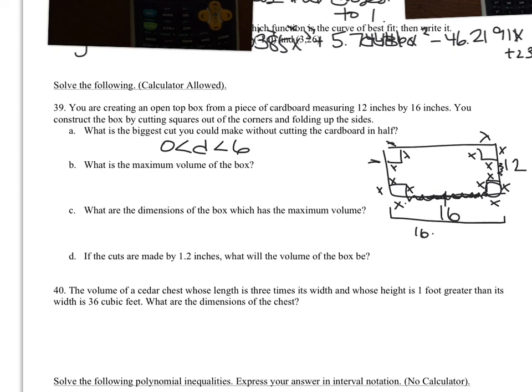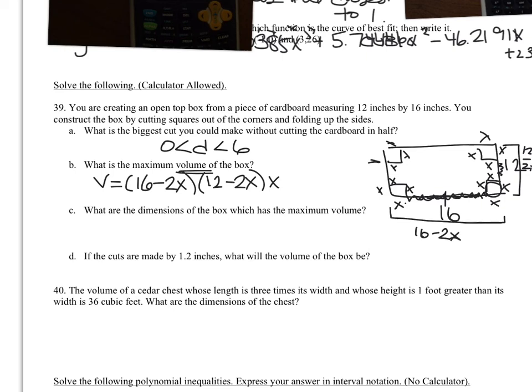So this side is really 16 minus 2x. And this side here is really 12 minus 2x. So to find the volume, it's length times width times height. V equals, my length is 16 minus 2x. My width is 12 minus 2x. And my height is x.